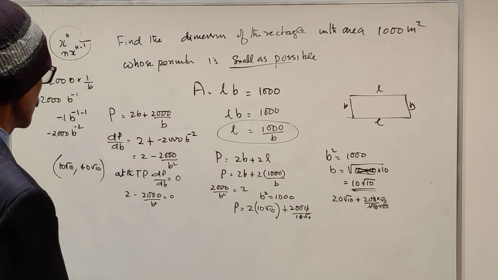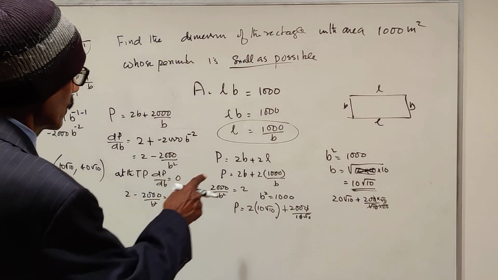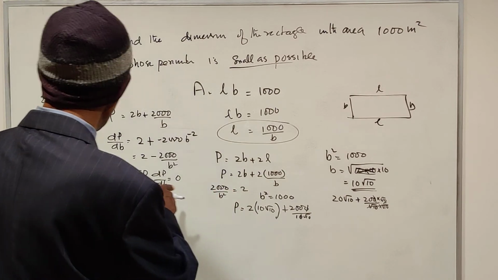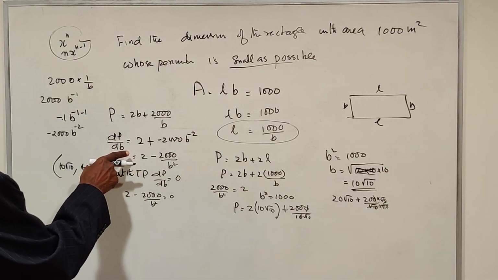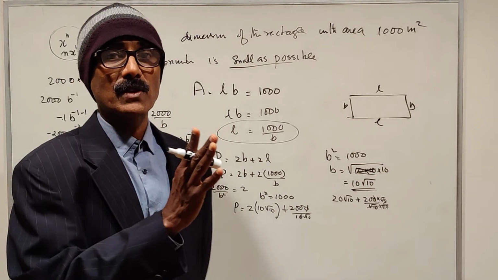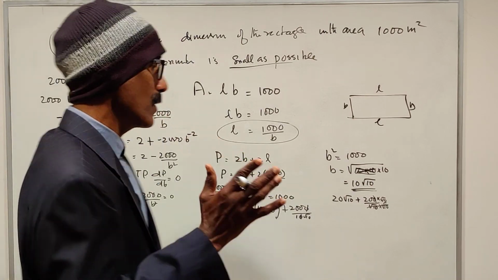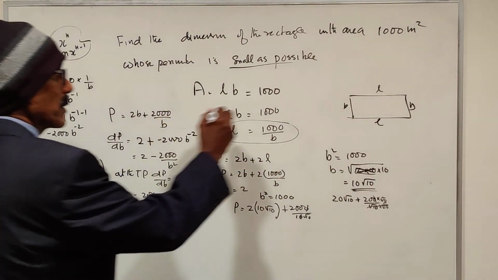We need to show that 40 root 10 is the minimum value. How can you show that? Find the second derivative. You need to show that d square P by dB square is a positive value.